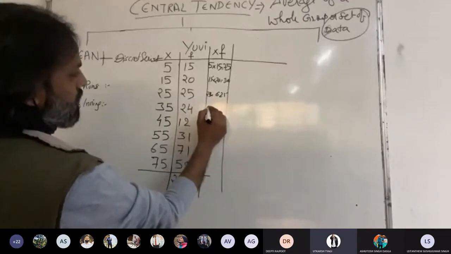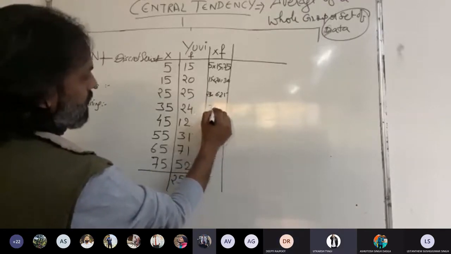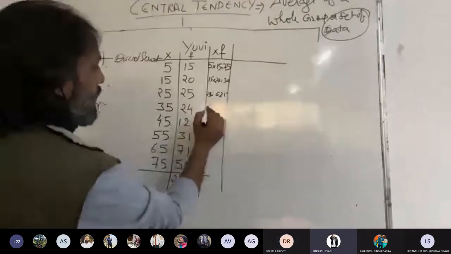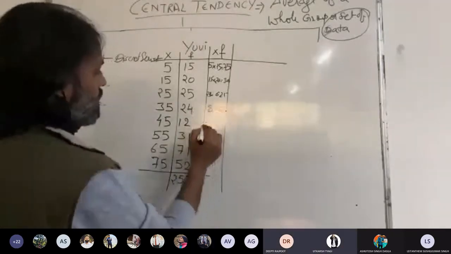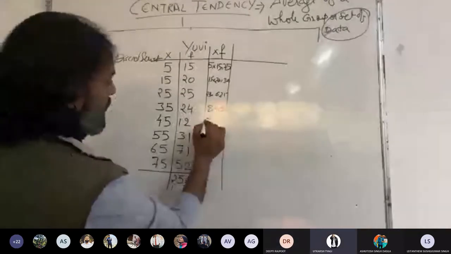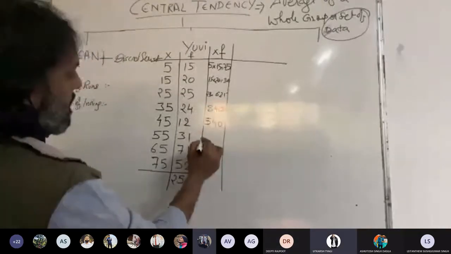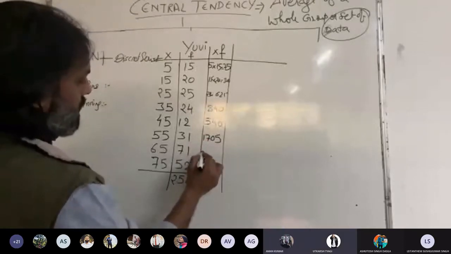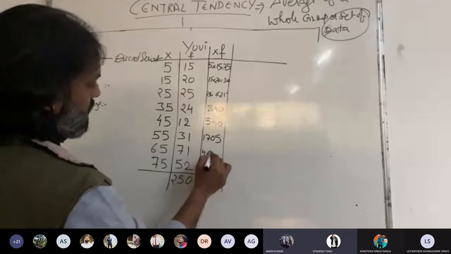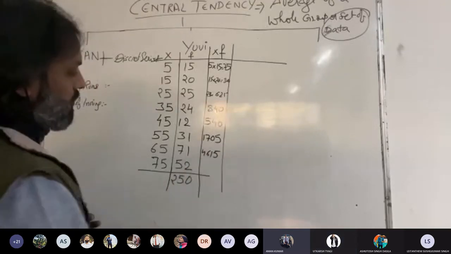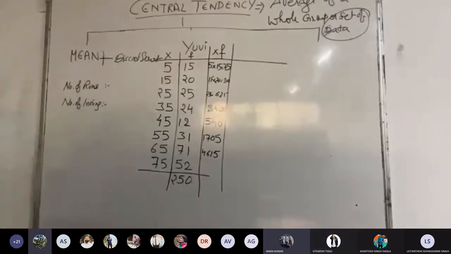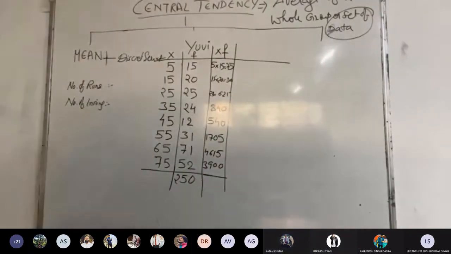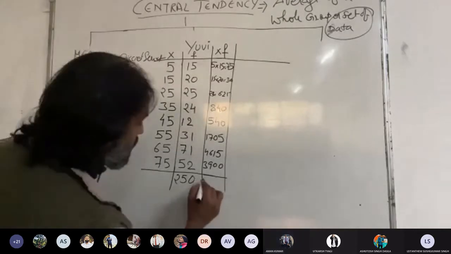Then 840, 540, 1705, 4615, 3900. Okay, now what is the score total? Sir, 12,600.